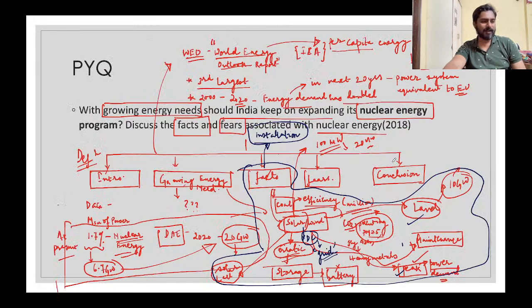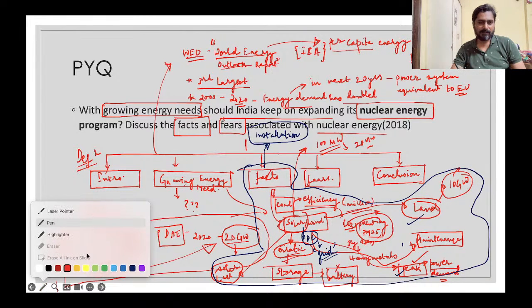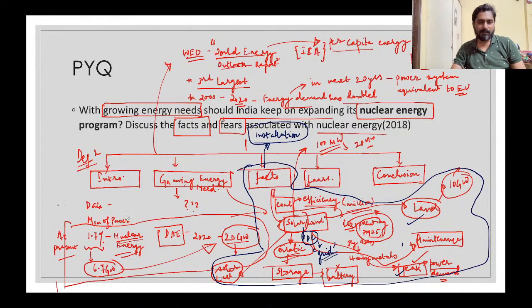So let us look at what we have discussed. Since this is a technical topic, I'm taking a little more time for you to understand and grasp. Once you have understood nuclear energy, then you can address other questions quite easily.